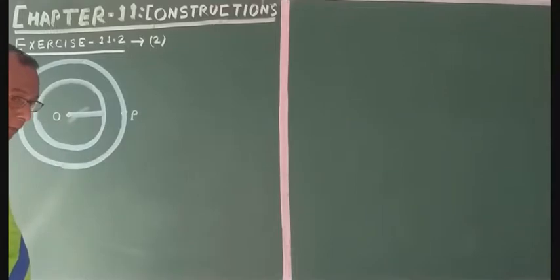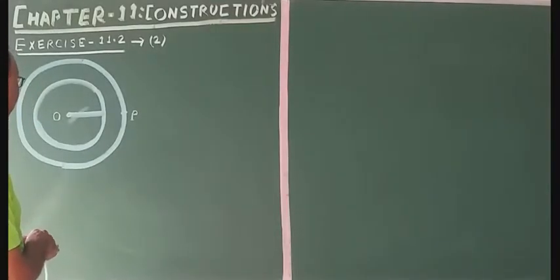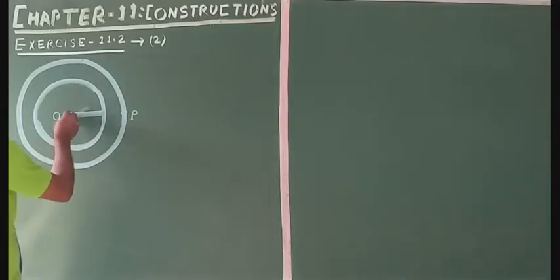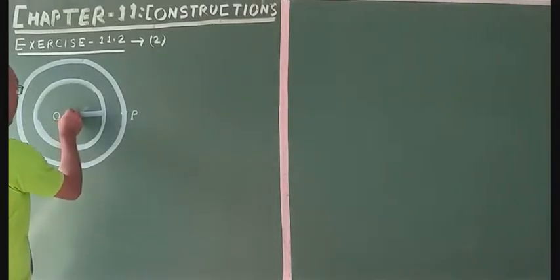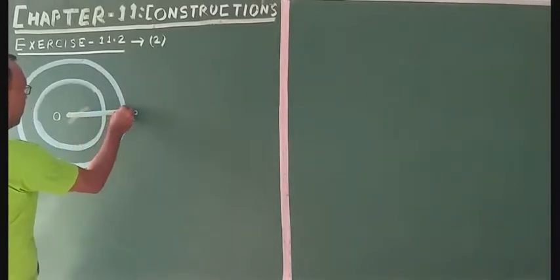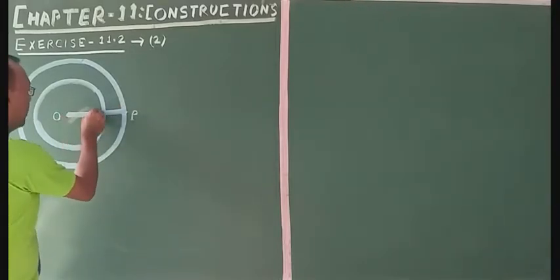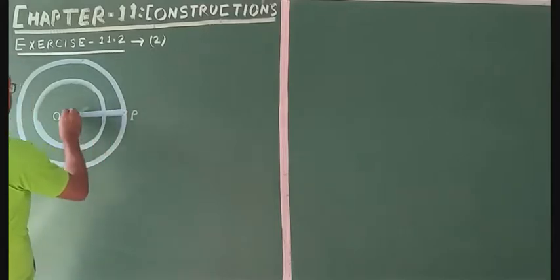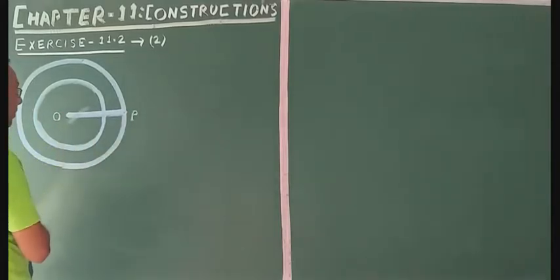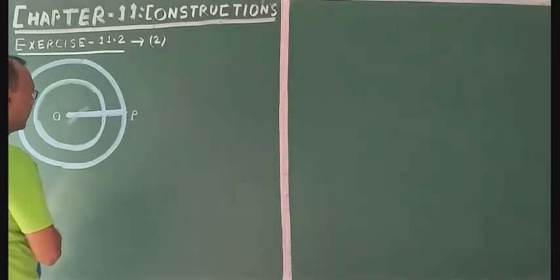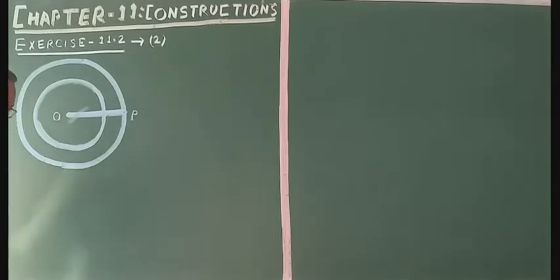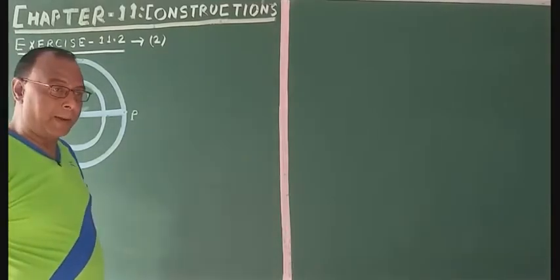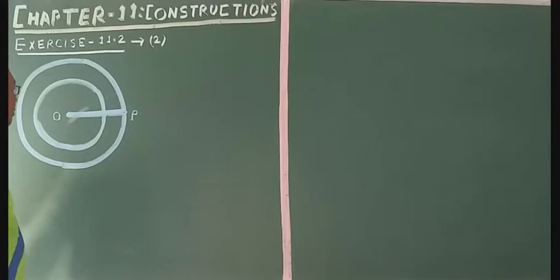So what will we do here? First we will join OP, and then we will draw its perpendicular bisector to get the midpoint M of OP.